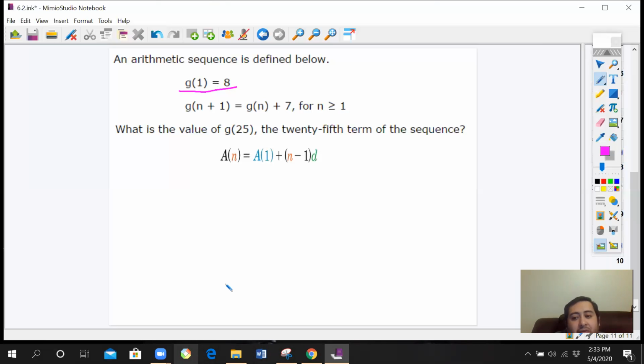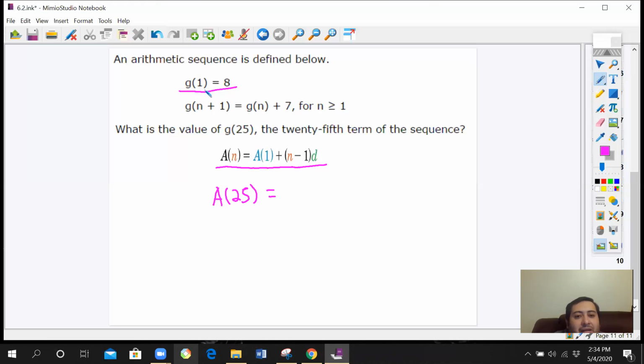Since we don't want to do too much work, we could just use the explicit formula. We could convert this formula into explicit, and that way we could find the 25th term without doing too much work. So in this case, we could just replace our n with 25, which represents our 25th term.